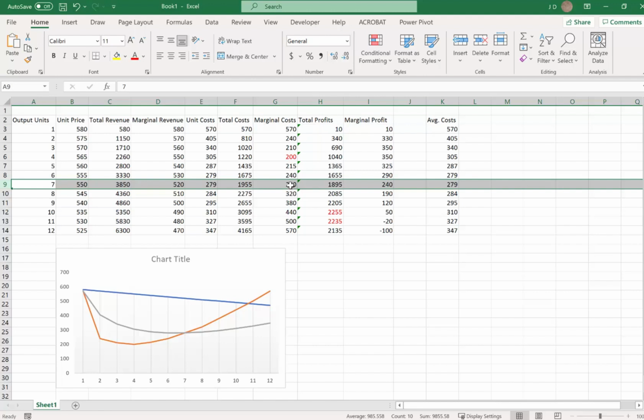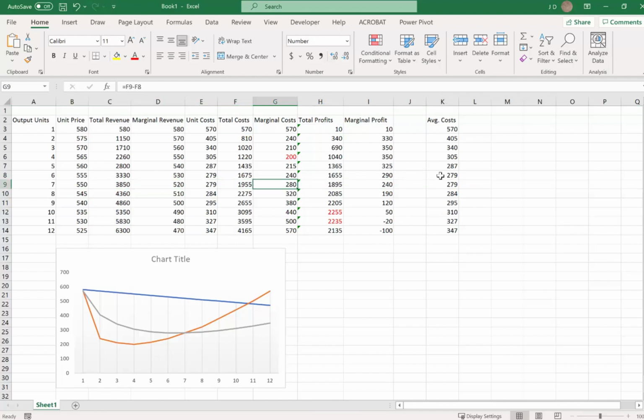So your marginal cost is 280 and this one is 279. That's very close from the graph here. They may intersect a little offset, at 6.9 something, but you get the idea. This is an approximation. Your average cost always intersects with your marginal cost at the lowest point of its curve.